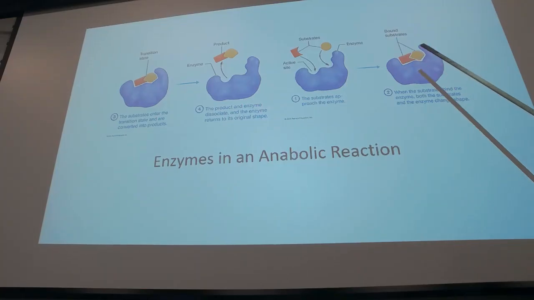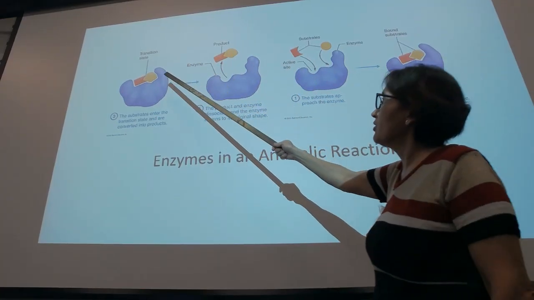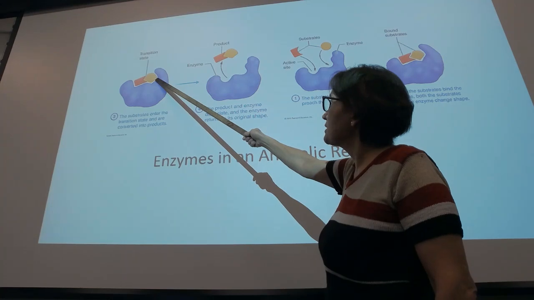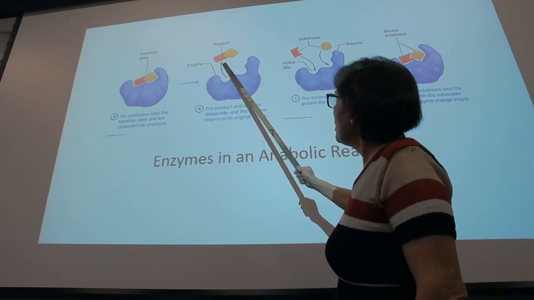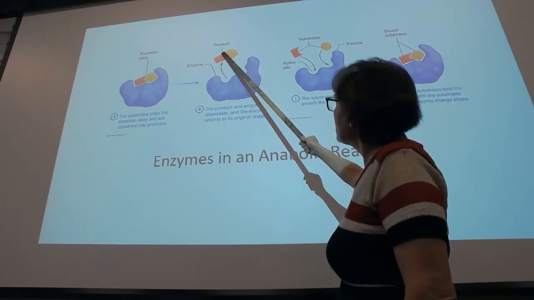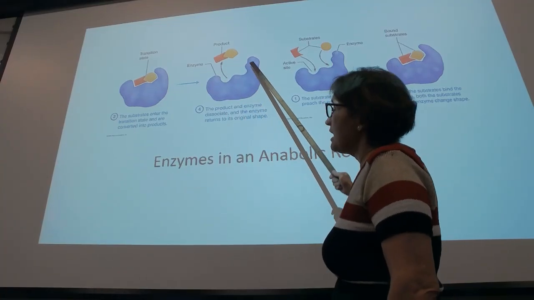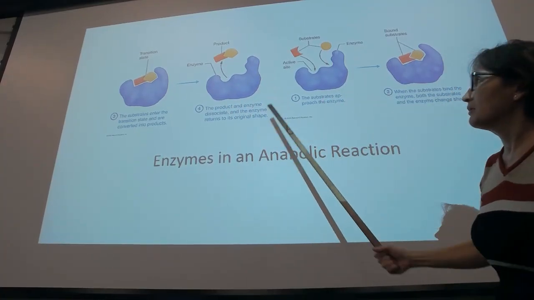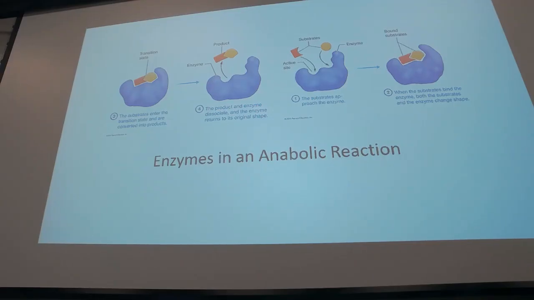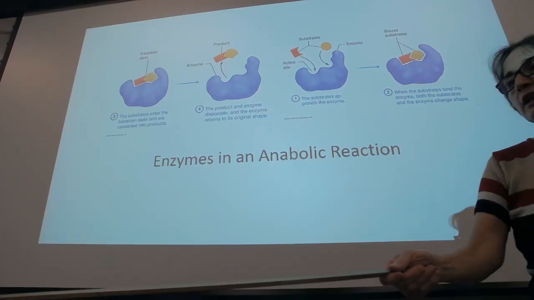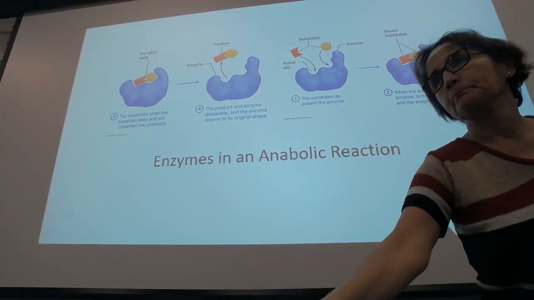It creates a chemical bond, and they undergo something that is called the transition state, in which they will be converted into products. Once you have a product, you release it, and then the enzyme returns to its original shape. So that's an anabolic reaction.